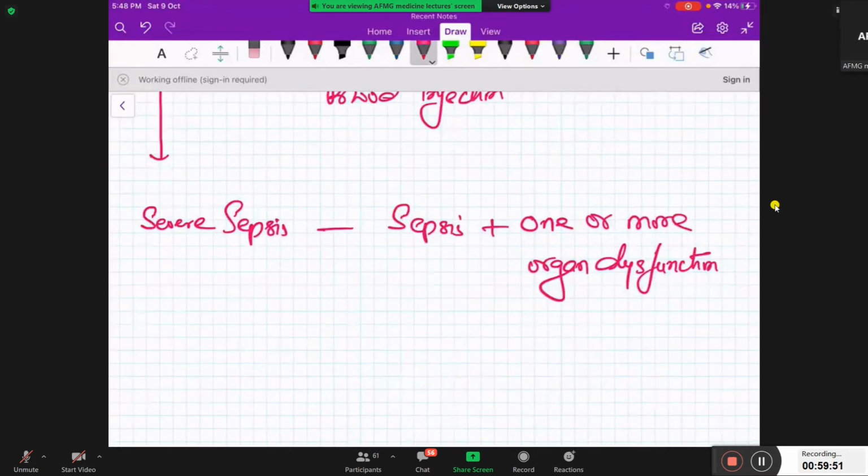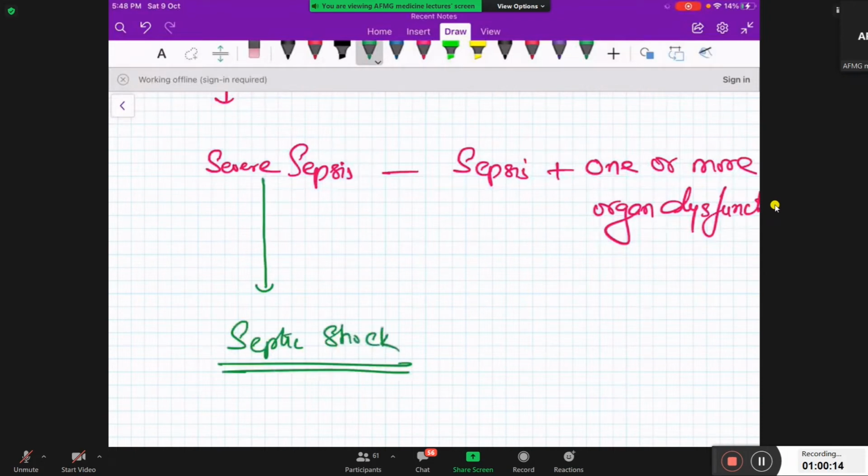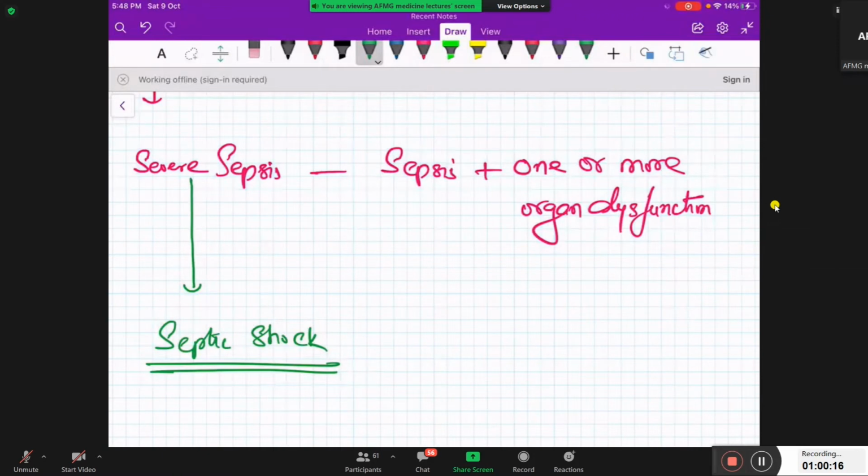And if the patient is not taken care of even at this stage, the patient will develop septic shock. What is septic shock? Septic shock is sepsis-induced hypotension.